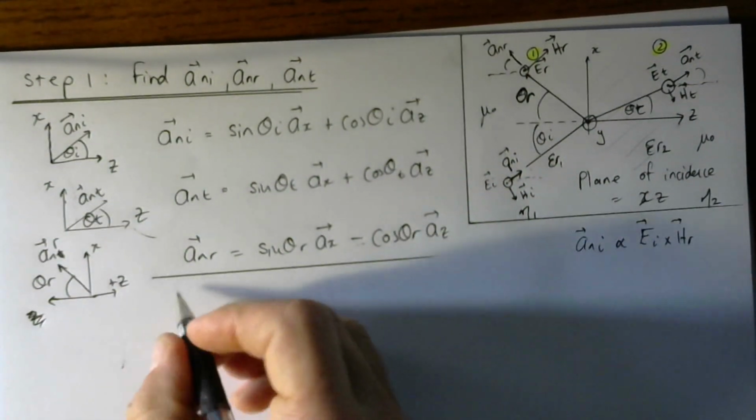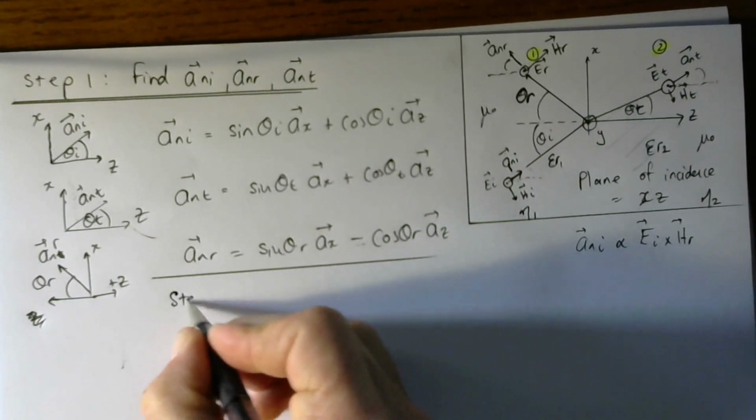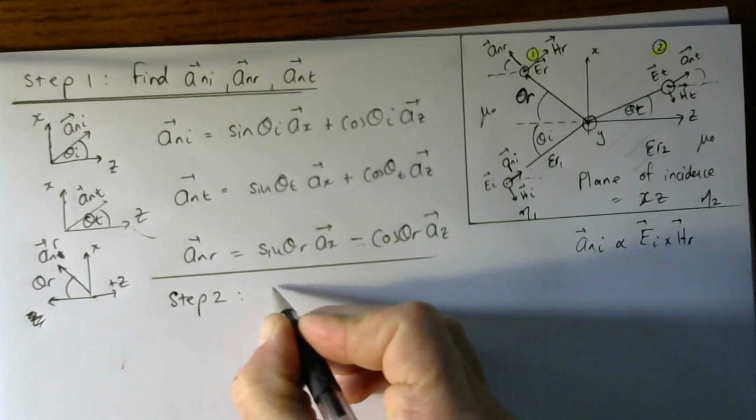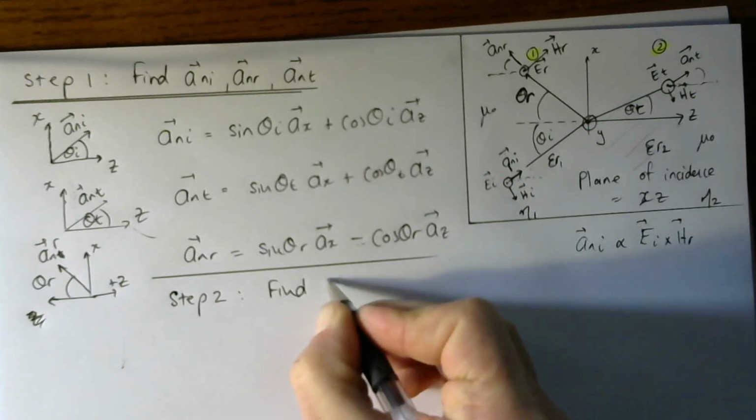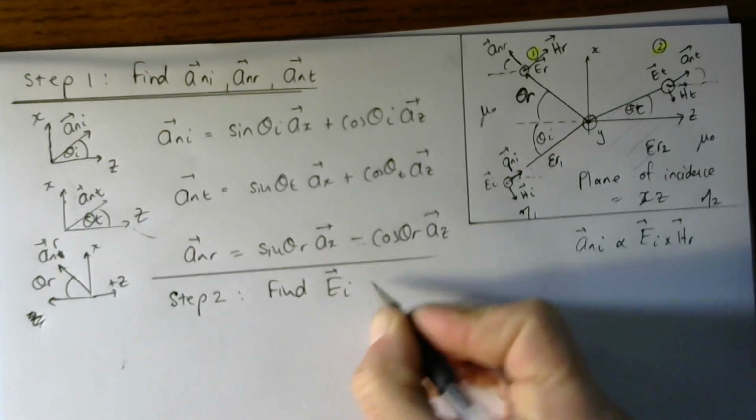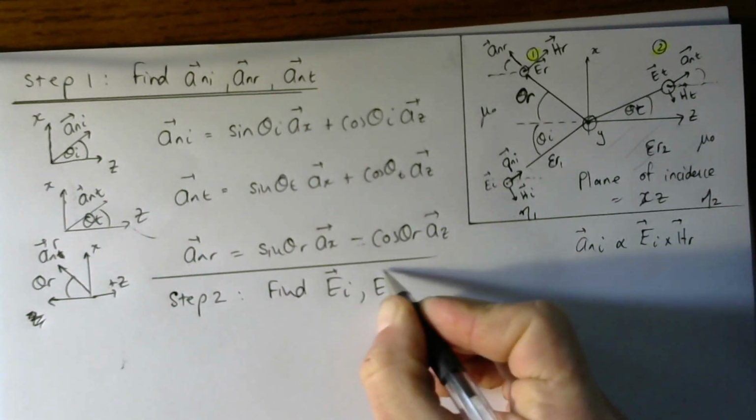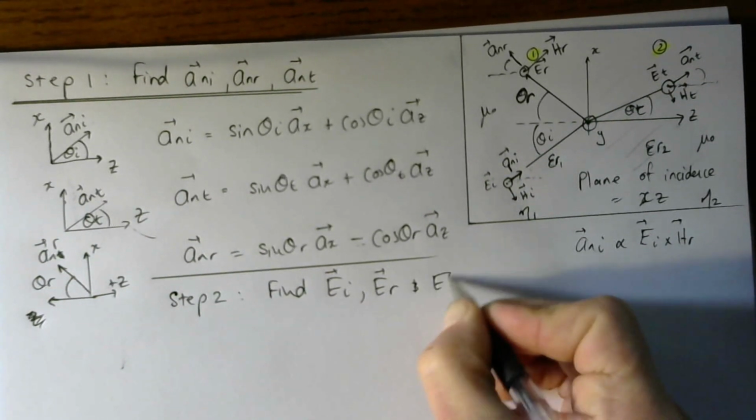Well, the second step is I can now find mathematical expressions for E_I, E_R, and E_T.